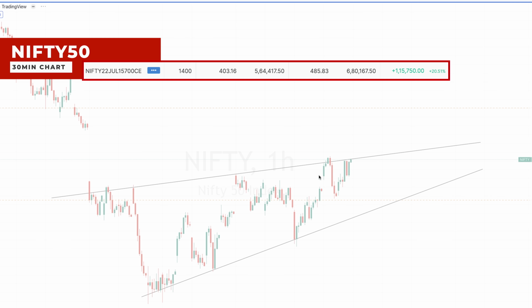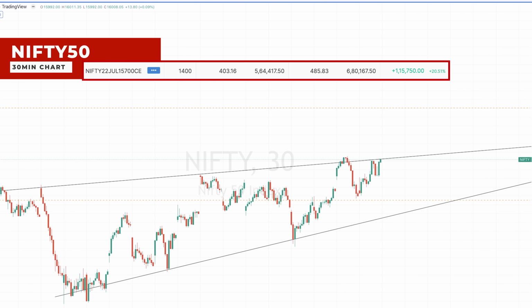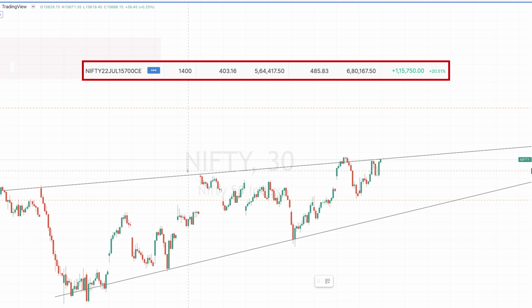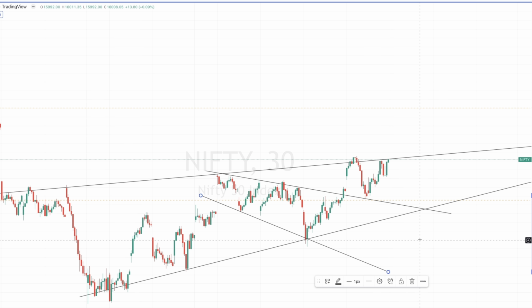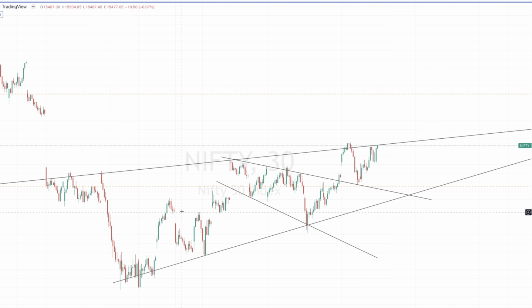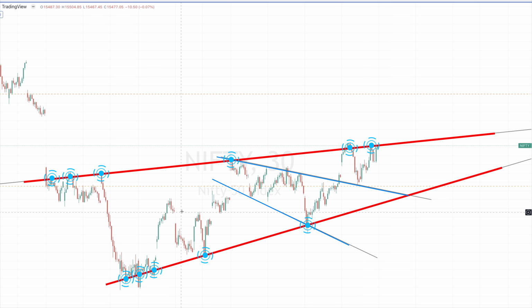And again, let me go to the 30 minutes time frame, and this is the trend line, and again I can draw this one. Okay, so this Nifty is inside this triangle pattern. You can call it whatever pattern you want. I don't generally name anything when it comes to patterns. I just draw the rejections and let the pattern reveal itself.